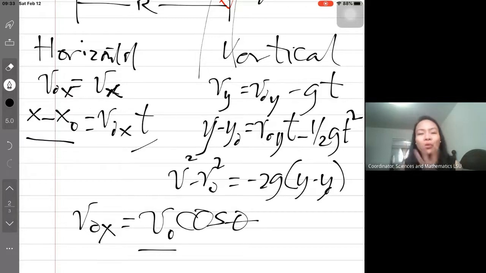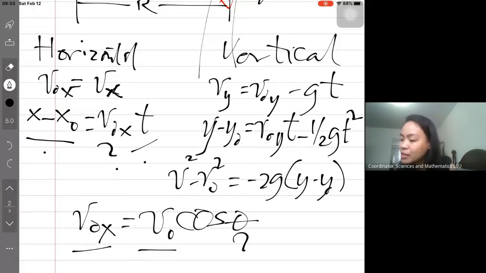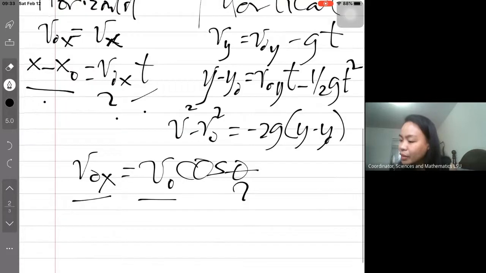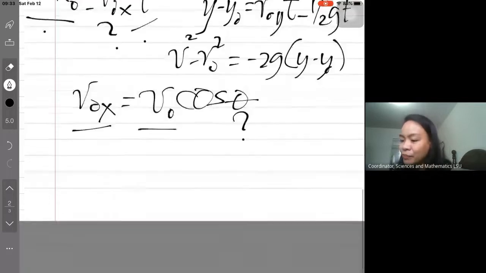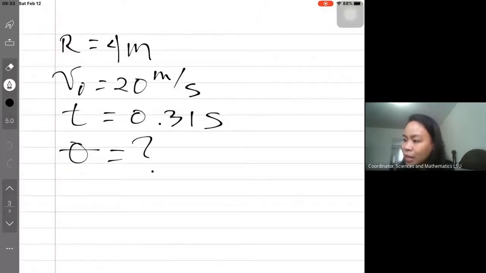So what will happen now? We are given the range and the time, so we can solve for the initial velocity along the x-axis. Since we have solved for that, we can then solve for the angle, which is theta. First we have to solve the initial velocity along the x-axis.